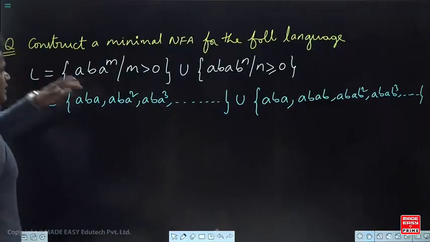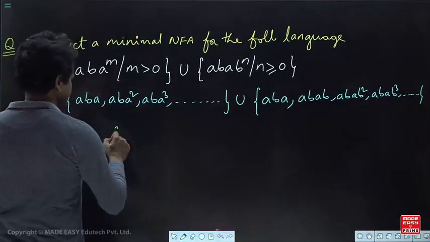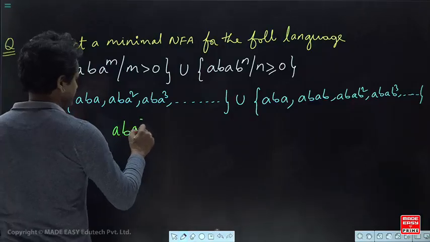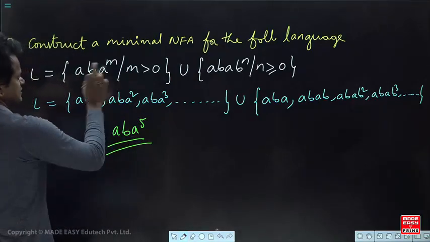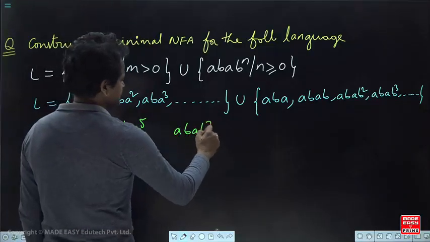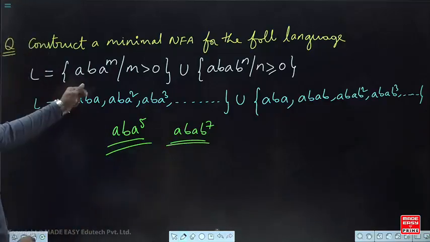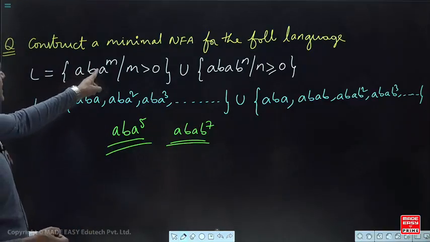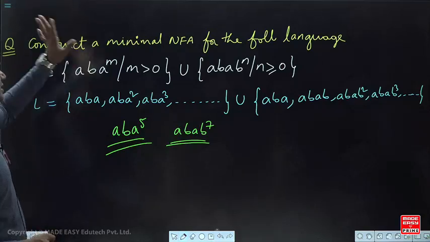Now guys, if I give any string, for example ABA power 5, which part does this belong to? This belongs to the first part. If I give ABA power 7, which part does this belong to? In this one, A followed by B followed by one or more A's only.